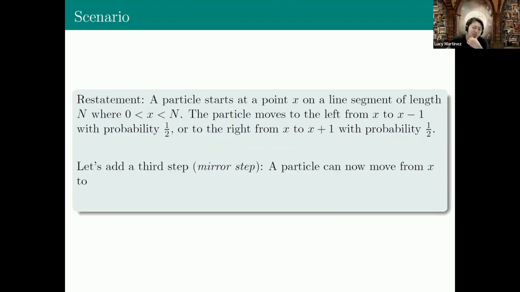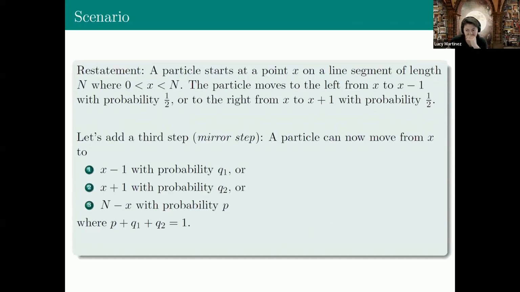So let's add a third step, which we're going to call the mirror step, and hence the name. Adding a third step looks as follows. We have the particle at a point x on a line segment of length n, and now the particle can move in one of 3 ways. It can move from x to x minus 1, or to x plus 1 as usual.